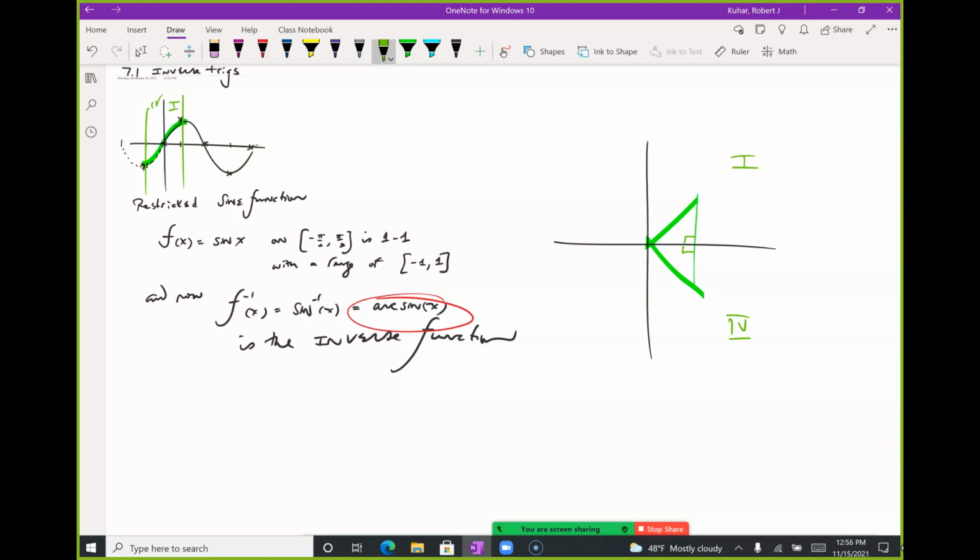Everybody with me here? So pretty much this picture is going to go on to my formula sheet for the sine function, for the cosine function, and for the tangent function, right? So that whenever I start to deal with an inverse trig, I can use this stuff to make sure I'm understanding everything.